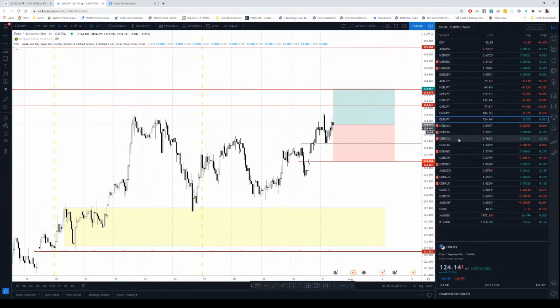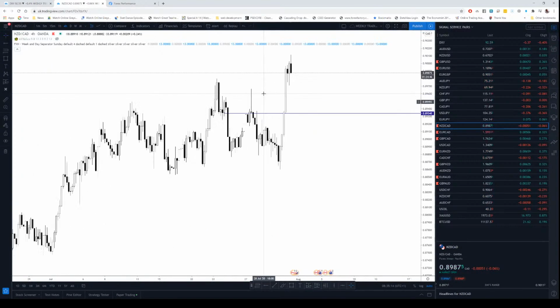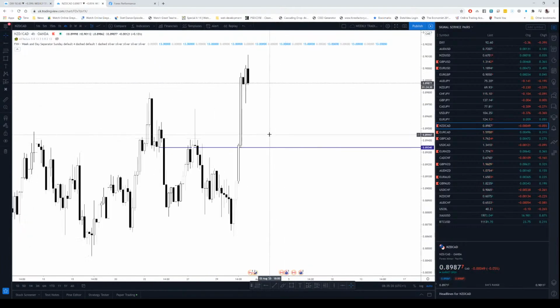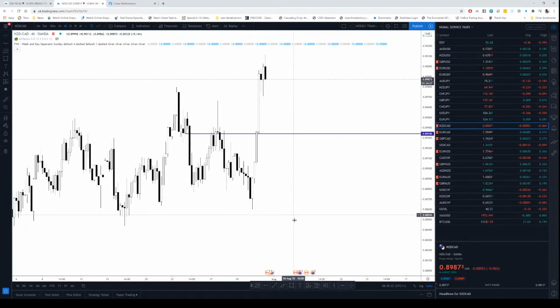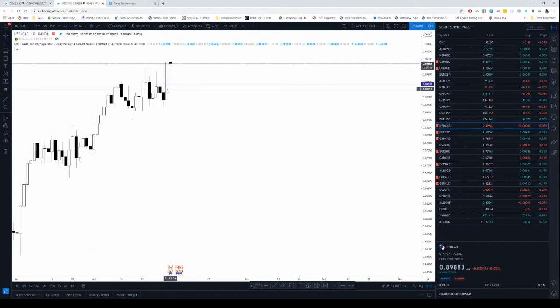Right, New Zealand CAD. Again, this is another pair that I told you guys to stay away from because of this consolidation. You can see why. This has cleaned out everyone, and I did mention that I would prefer it do that. I prefer that they clean everyone out with this kind of move and then reject and come back down. So going forward, I'll be watching to see if we get a rejection up here, then come back down and break this low.